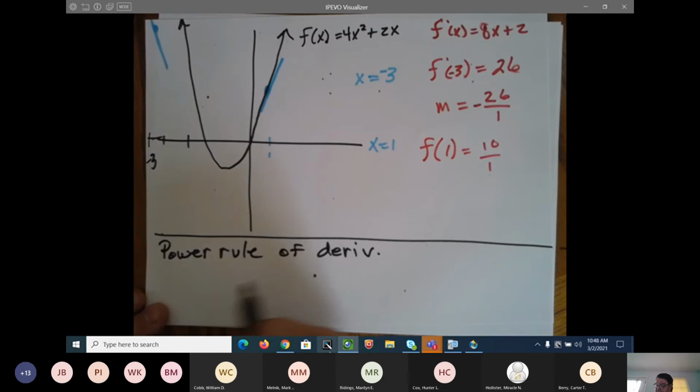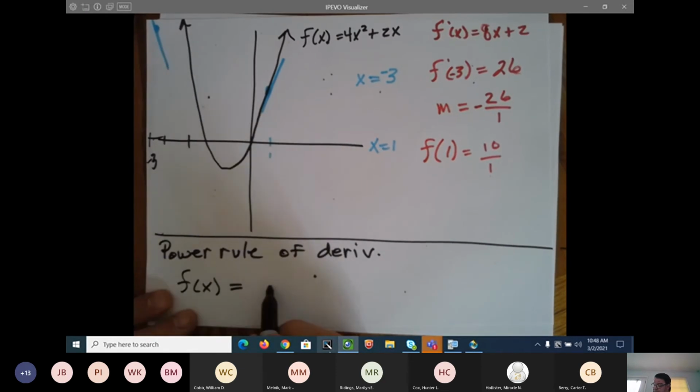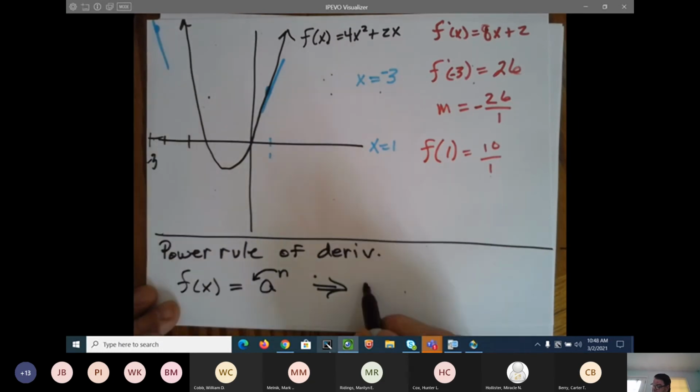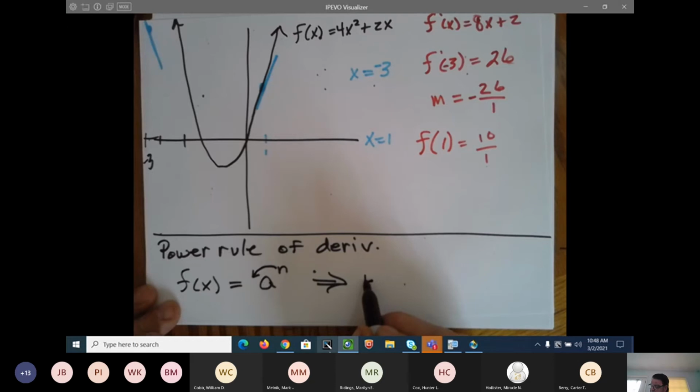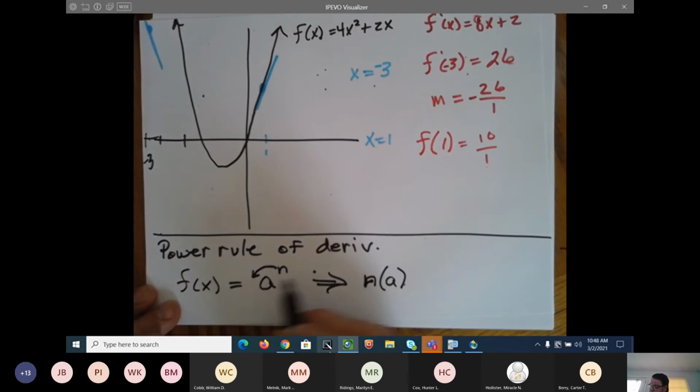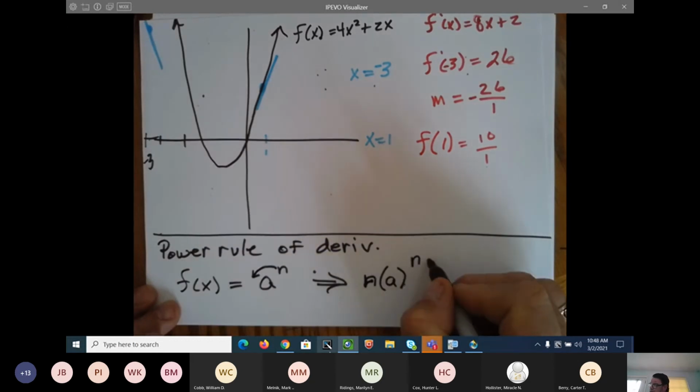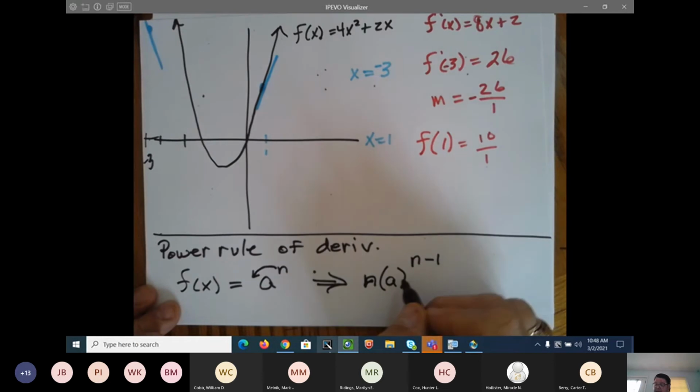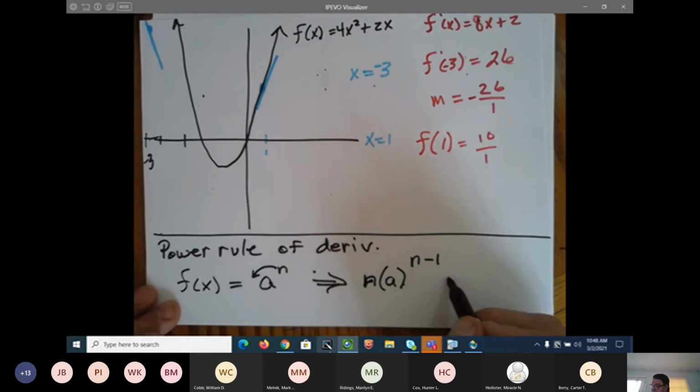If I have f of x equal to a x to the n power, to find the derivative, I bring this n out front, so that would be n times a, and then x to the n minus 1 power.